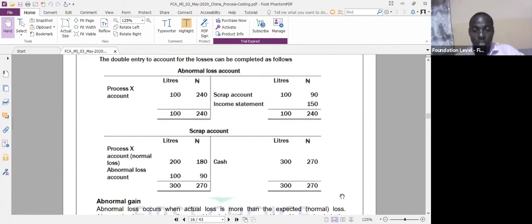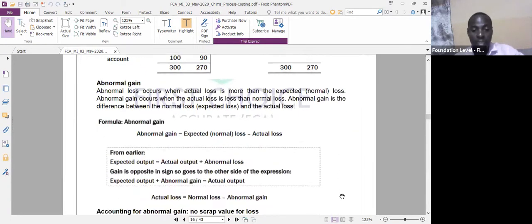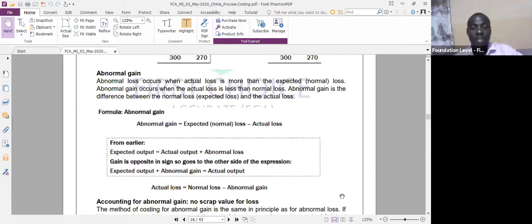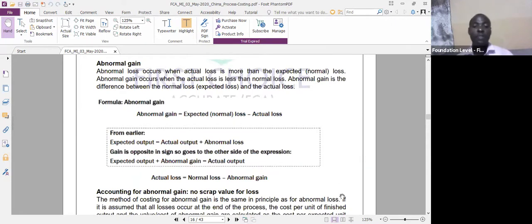Okay, so let's go to abnormal gain. Abnormal gain, I think, is the ending of our topic for today. Abnormal gain occurs where what you actually harvested is more than what you were expecting.